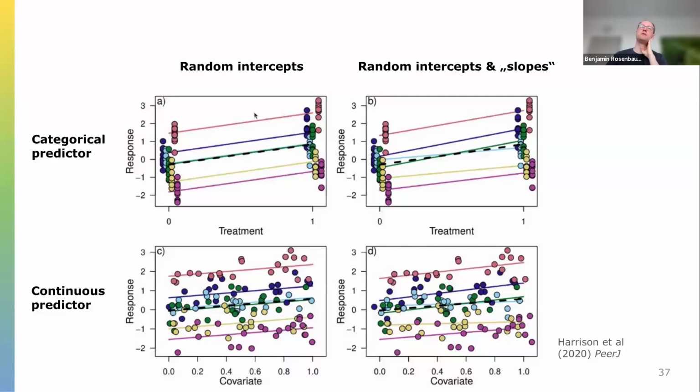So just random intercept, no random slope or effect of the treatment. But here random intercept and slopes, or also randomness for the effect of treatment, would mean that they don't have to be the same, because they're allowed to vary around this overall slope, which is displayed here in a dashed line.